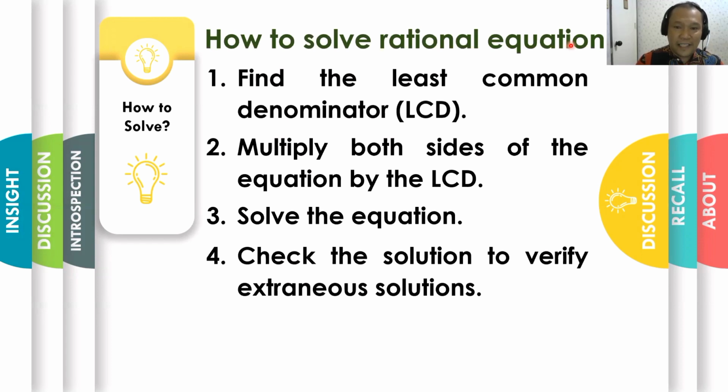First, find the LCD of the given denominator. Whatever be the LCD, multiply both sides of our equation by the LCD. Then solve the equation. That is to find for the value of the unknown. And whatever be the value of the unknown, verify if the value of the variable is an extraneous solution.